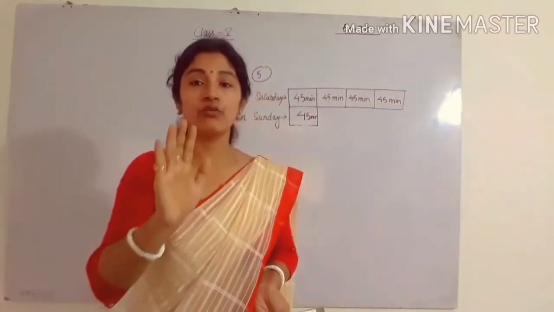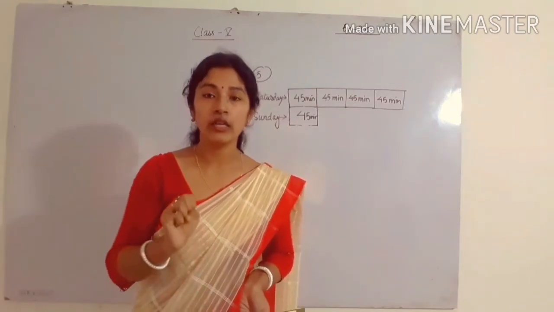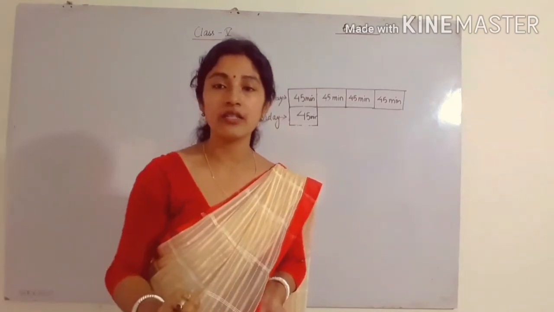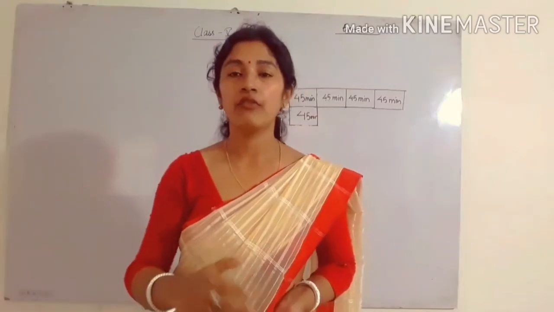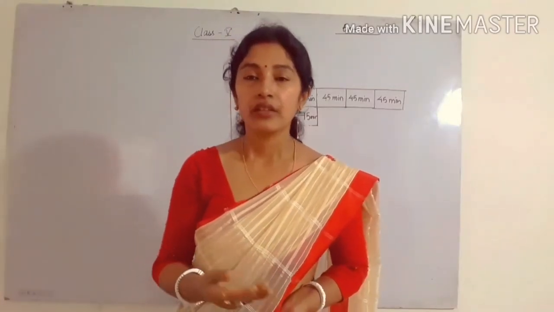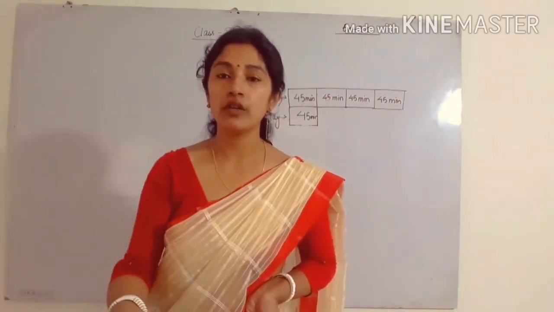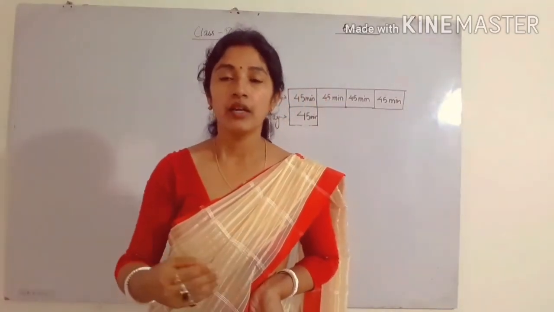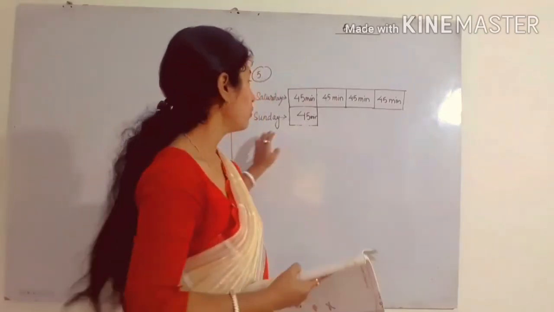So you can add 45 5 times. Or we can use multiplication, that means we multiply 45 with 5. We can get the answer easily in minutes. Then once you get it in minutes, you can easily convert it into hours by dividing by 60. So you can do this question afterwards.